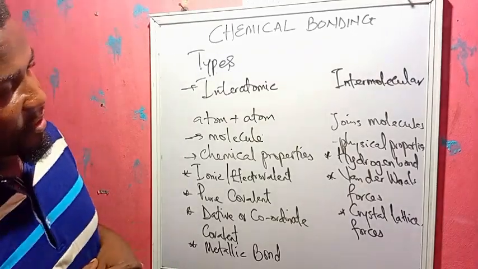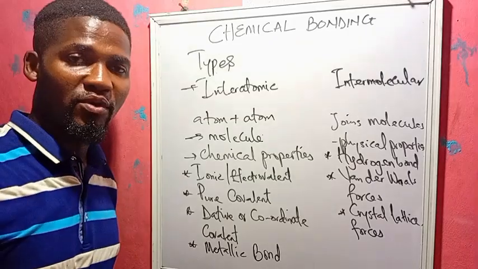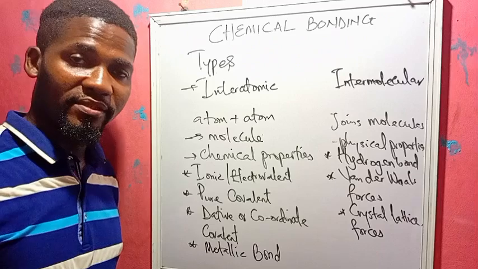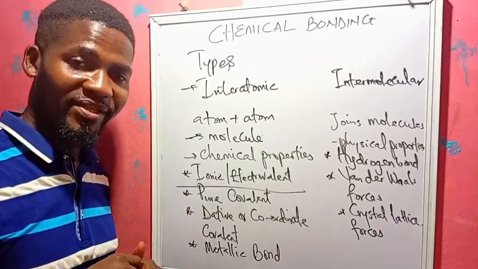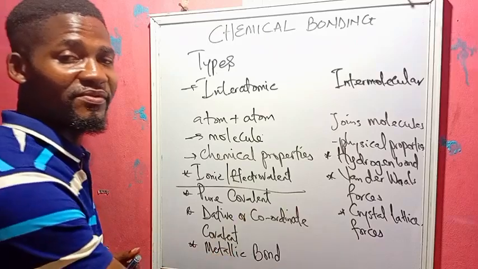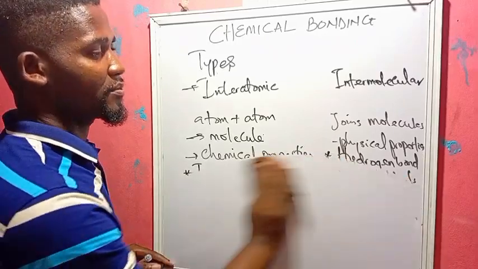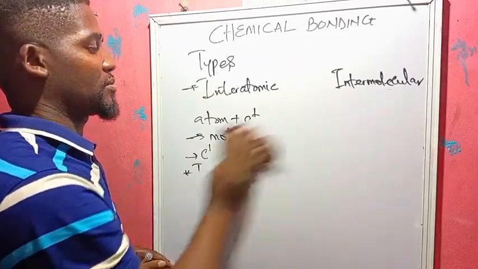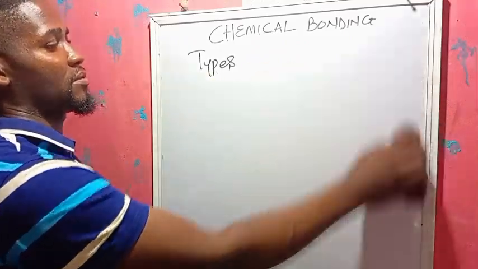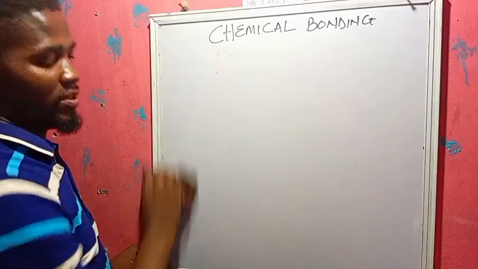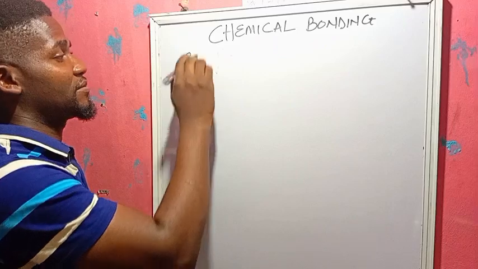Now, in this class, we will try to explain the first type of bonding, the ionic or electrovalent bonding.